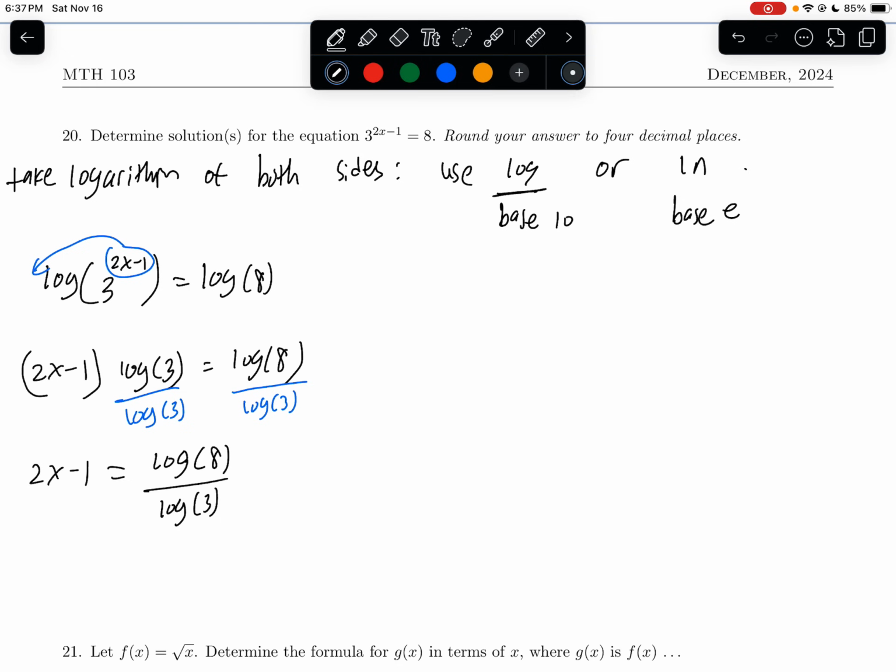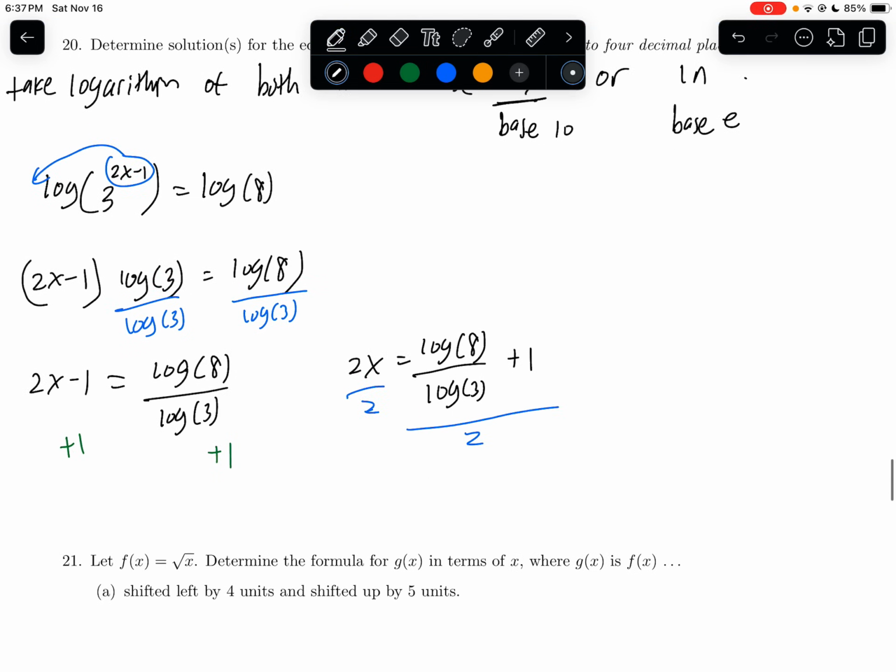The next step would be to add the 1 over, so it cancels out on the left. So 2x equals log 8 over log 3 plus 1. Then I would divide the whole thing by 2.